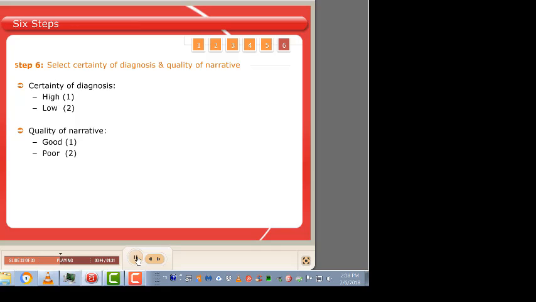As we mentioned earlier, our example is an ideal narrative. As such, the diagnosis is clear and certainty should be rated as high 1. The quality of the narrative is also very high and should be rated good 1. These 6 steps constitute the core of our training program.